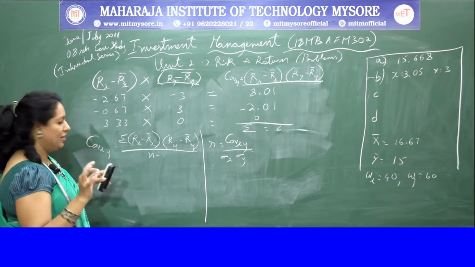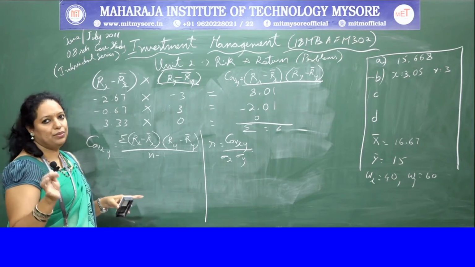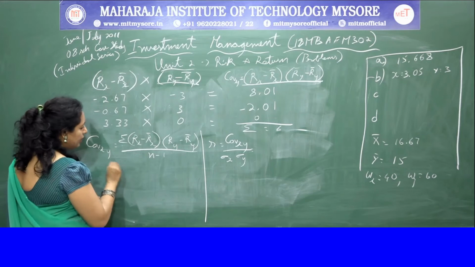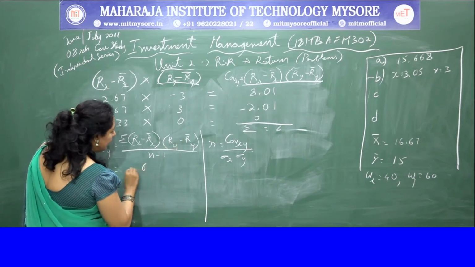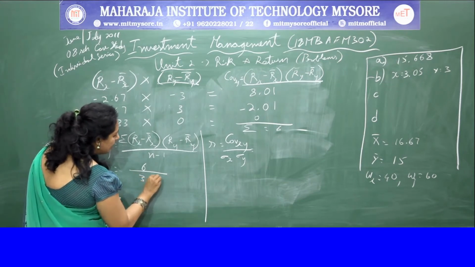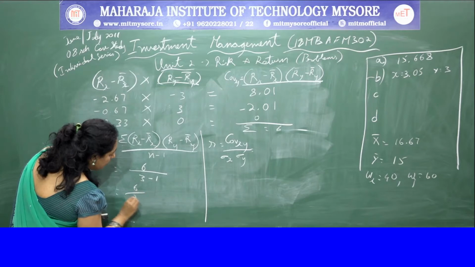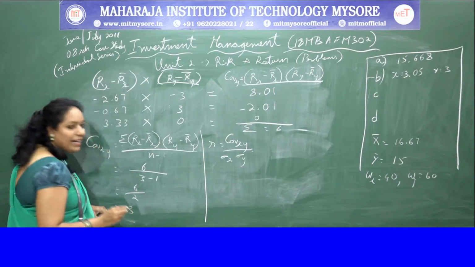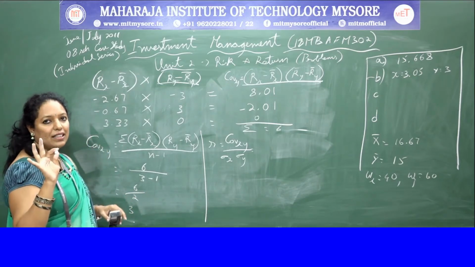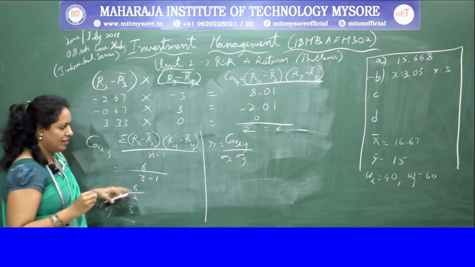This is very important: in individual series, for almost all you get n minus 1. Here we have the total 6, and n as 3. 3 minus 1 is 2. So 6 divided by 2, your covariance xy is 3.